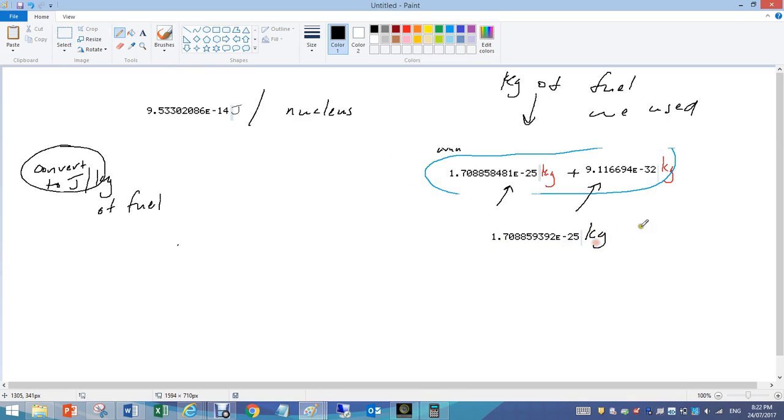So that's how many kilos of fuel that we used. Okay, so therefore we got this much energy from our nuclei, which is this many kilos of fuel.